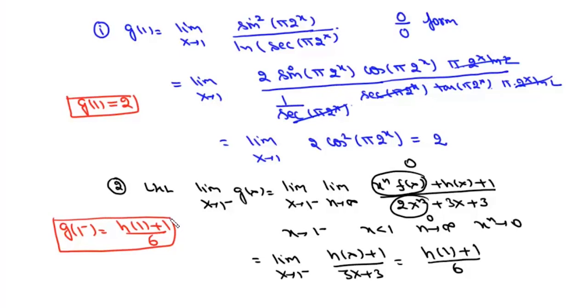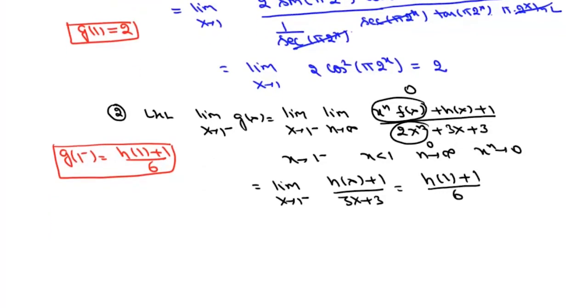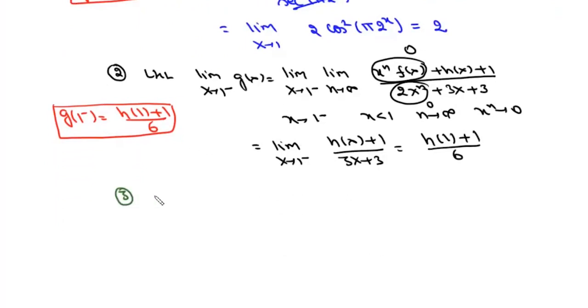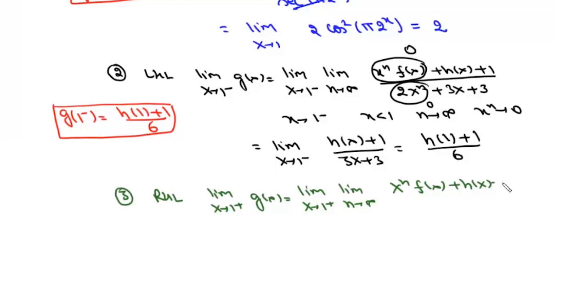Now we'll find our right hand limit. This right hand limit is the limit as x tends to 1 positive of g(x), and it will be this limit as x tends to 1 positive, and then the limit as n tends to infinity of (x^n f(x) + h(x) + 1) upon (2x^n + 3x + 3).